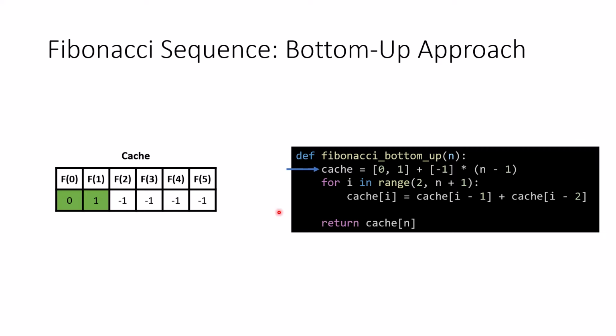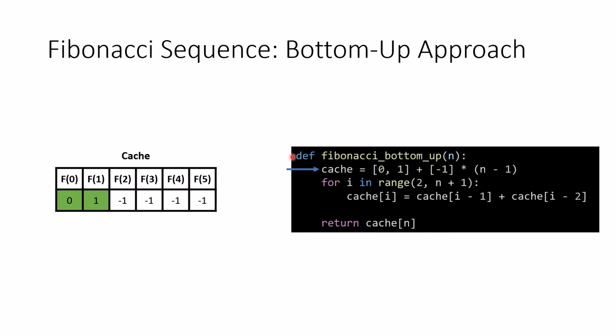But the difference is that instead of calling Fibonacci on itself, we are now just going to iterate through directly on our table. The bottom-up approach makes full use of the table in that we're going to just keep on building up our table incrementally until we reach the end of our table. And then all we're going to do is return the last element of our table.